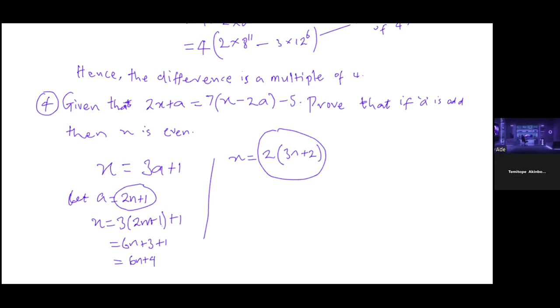So since it's a multiple of 2, then x is even. So you now conclude that since x is a multiple of 2, then x is even when a is odd.